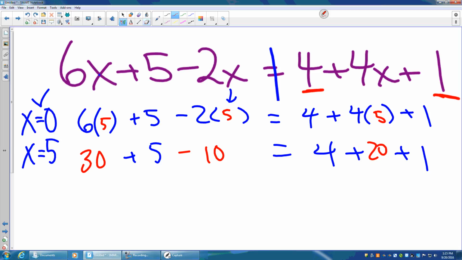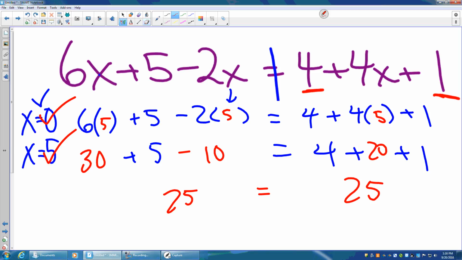All right, this might be a little bit tougher. The right one's really easy. 4 plus 20 plus 1 is 25. And here, 30 plus 5 is 35, minus 10 is 25. So both sides, again, are equal to 25. So x equals 5 works as well. I guarantee if you try every single one, they will all work.